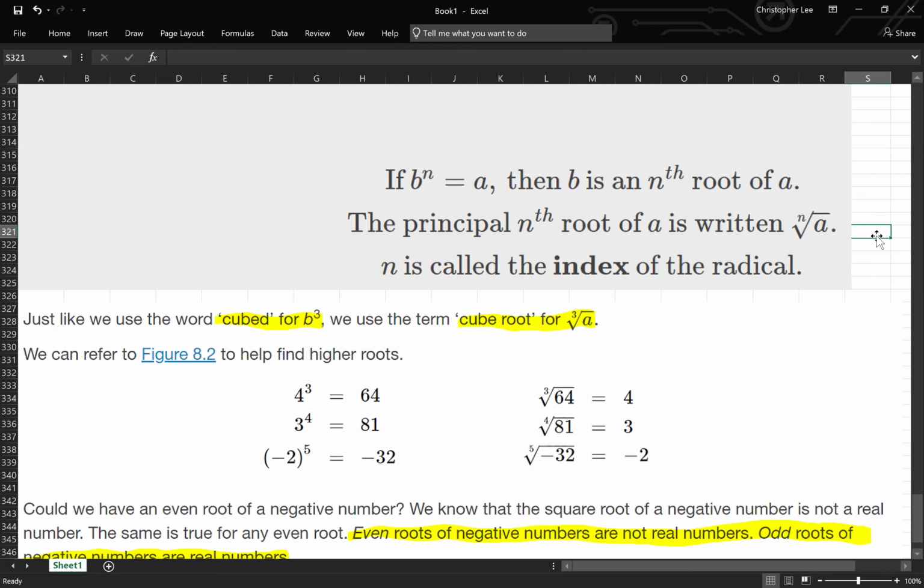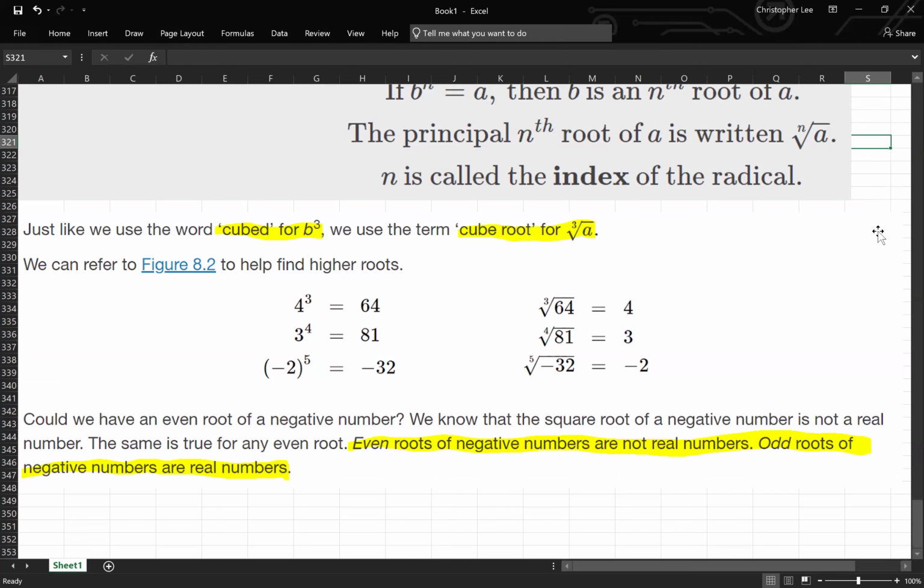Could we have an even root of a negative number? We know that the square root of a negative number is not a real number. So the same is true for any even root. So even roots of negative numbers are not real numbers. Odd roots of negative numbers are real numbers.